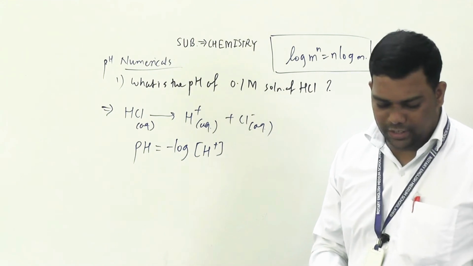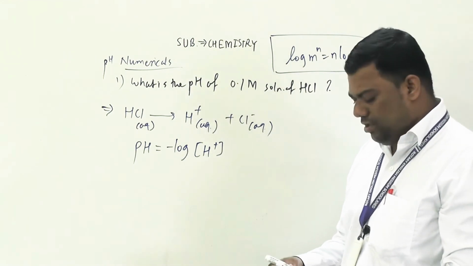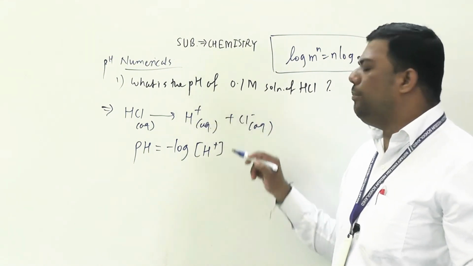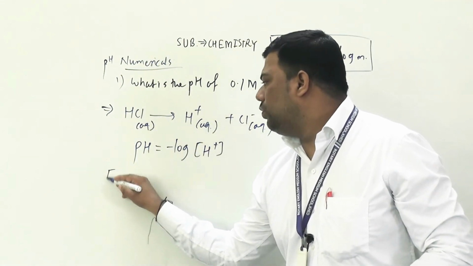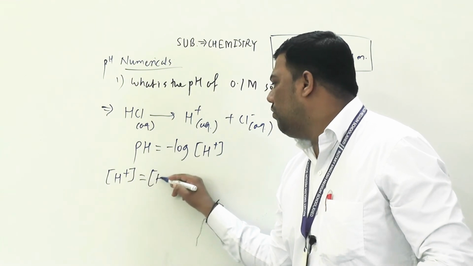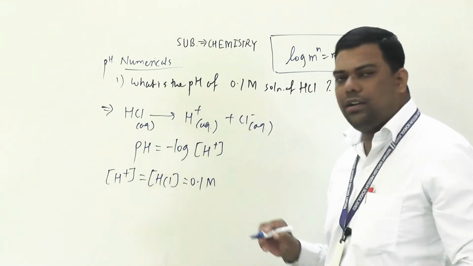Because of HCl we get H plus ions, so we can write H plus is equal to whatever the HCl concentration was, also 0.1 molar.